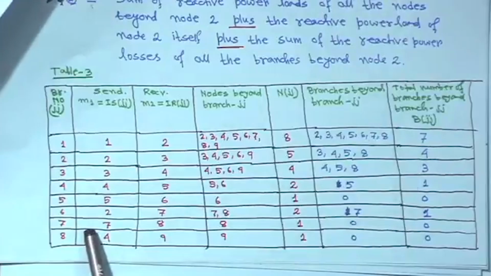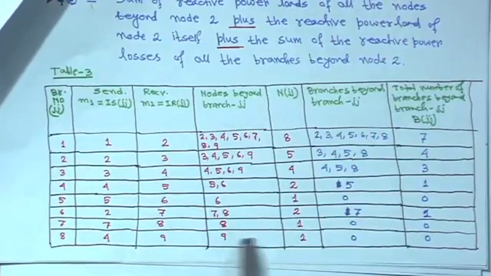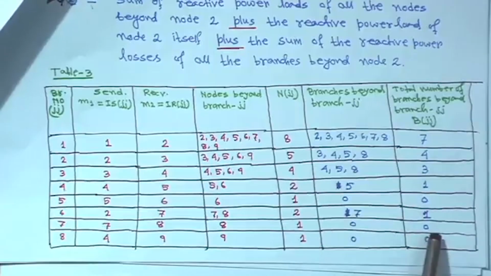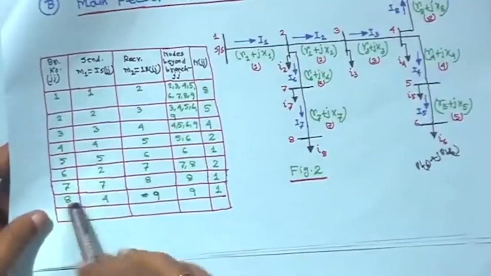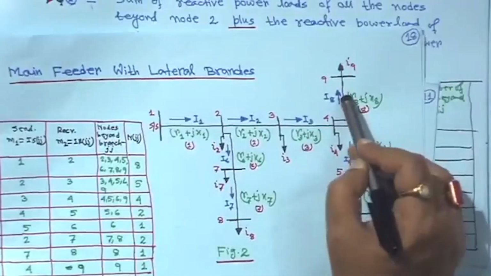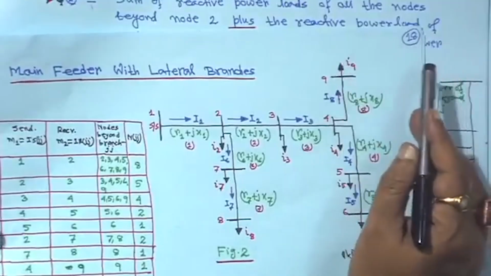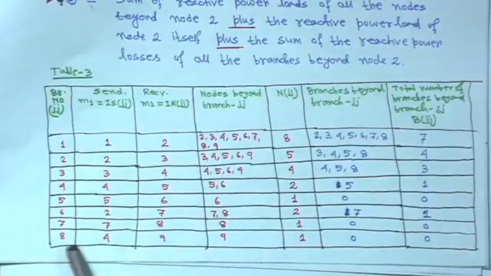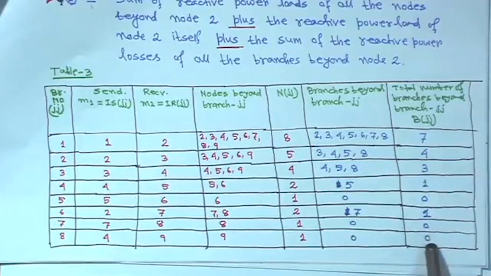So, branch 7 is 7 to 8; all up to this was there previously, but as beyond this branch there is no branch, BJJ will be 0. Similarly, if you come to the last one, branch 8, beyond this branch there is no branch, so BJJ here also will be 0 and the number of branches also 0.